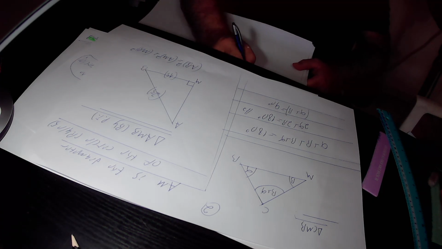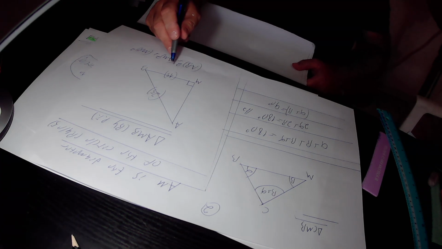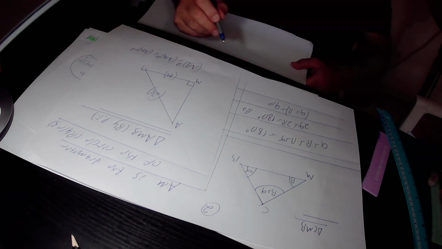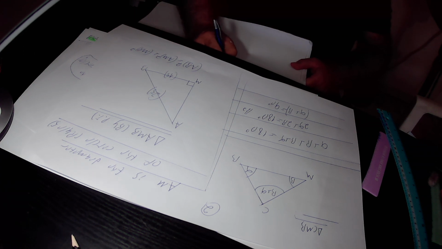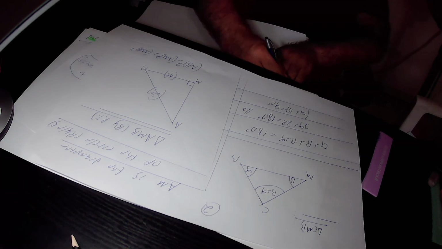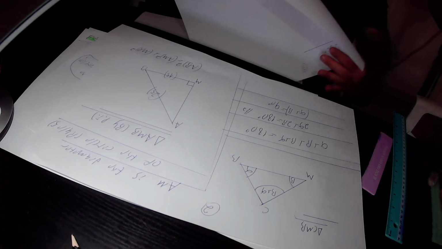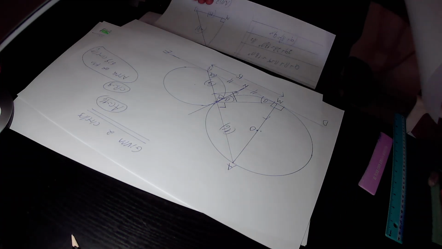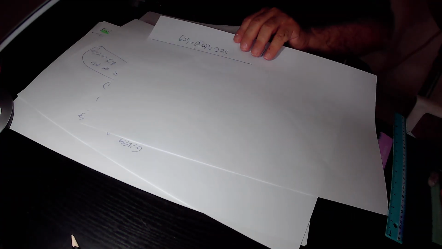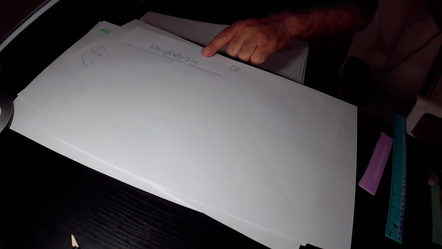AM is the missing side, so we leave it as it is, plus MB squared. MB is 15, therefore MB squared is 15 squared, that is 225. So in total, according to the Pythagoras theorem, in the right triangle AMB, 625 equals AM squared plus 225.